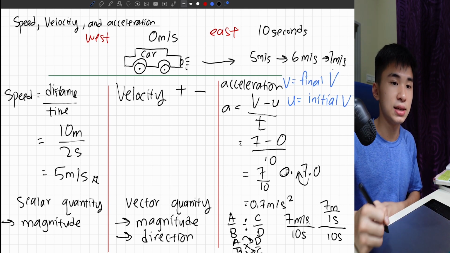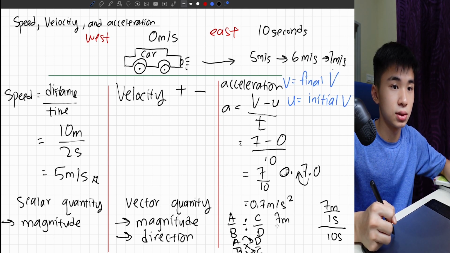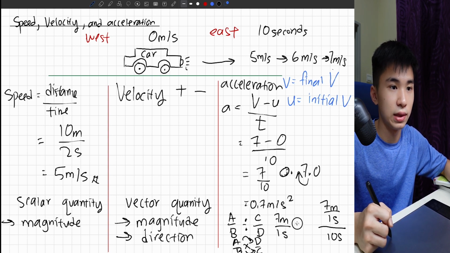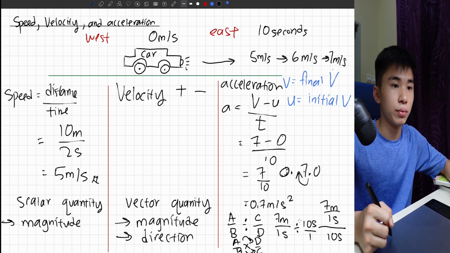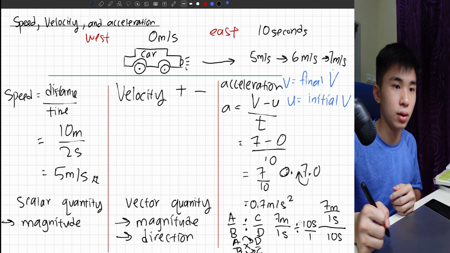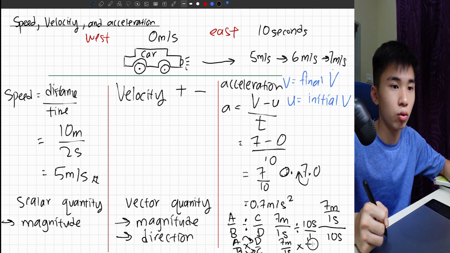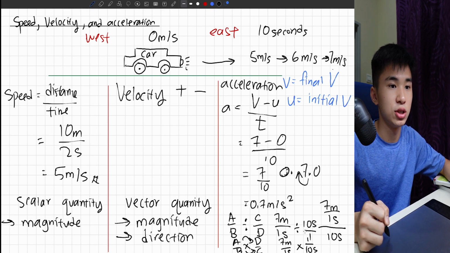So in this case, it is 7 meters over 1 second divided by 10 seconds, which is 10 over 1 here. Okay, so we always flip it when we see a divide sign. So if you want to flip it, this is going to be 7 meters over 1 second times 1 over 10 seconds.